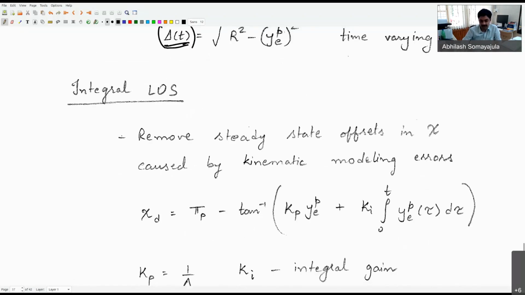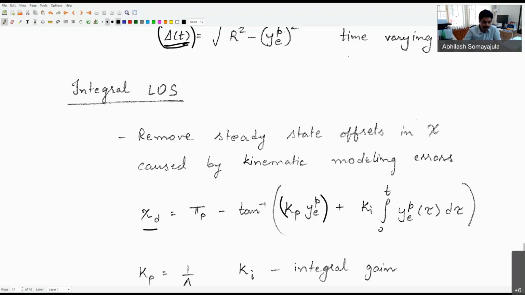Okay, so notice that when we were looking at the so-called desired course angle as chi_p minus tan inverse of K_p times Y_pe, we were calling that our look-ahead-based LOS scheme. But sometimes, when you take such a guidance scheme, which only depends on the proportional part of the error, you may find that your desired trajectory is not matching well with the exact line that you want to travel, especially when you have disturbances.